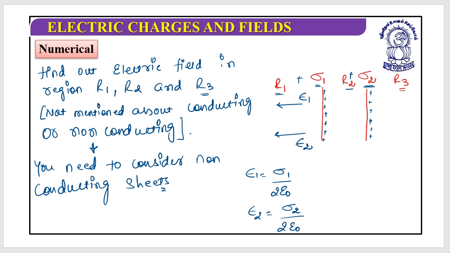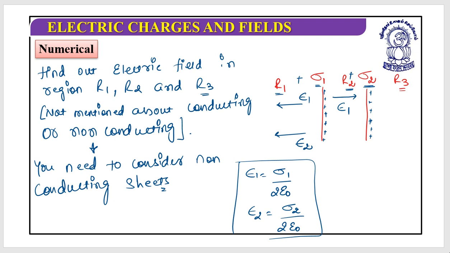Now let's look at the directions of the electric field in region 2. I know that this magnitude will remain the same throughout the region. Now I need to just check the directions only, because I know the magnitude. Now R2, look at this region, it is right of this sigma 1. So for moving outward, electric field 1 would look like this. But for this sigma 2, you need to consider that electric field lines should be moving outward from my body.